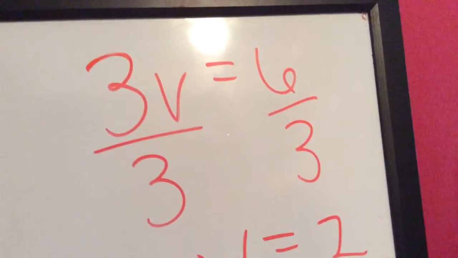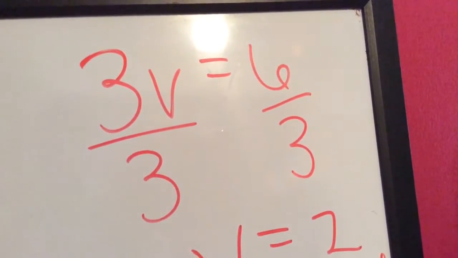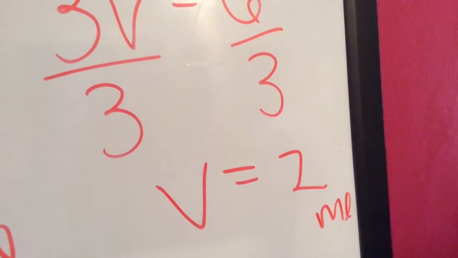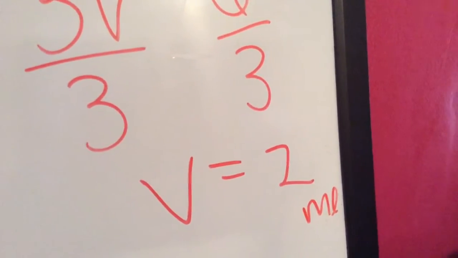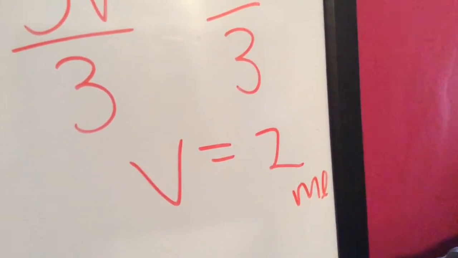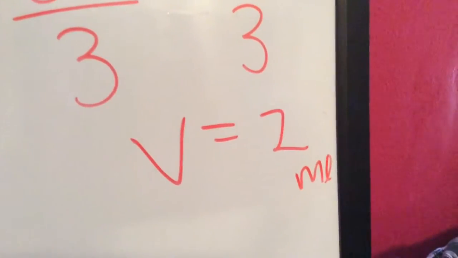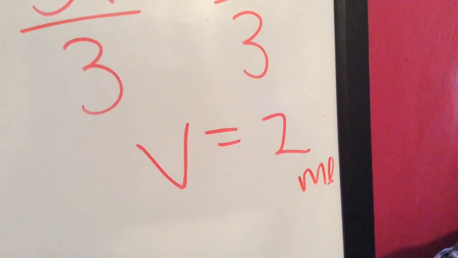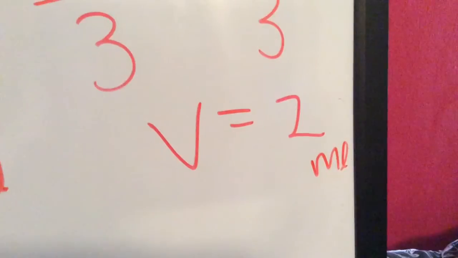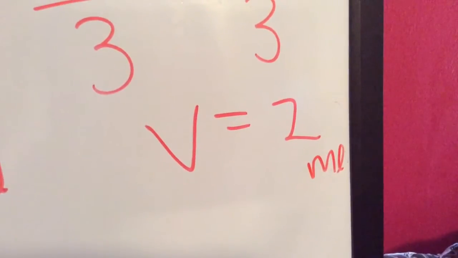After you have divided by 3 on both sides of the equal sign, you can simplify. So, you know that 3 divided by 3 is 1, so it's 1V, and 6 divided by 3 is 2. So V must equal 2 milliliters, because the density was expressed as 3 grams divided by milliliters, and we know that our mass is already grams, so our volume must be milliliters.